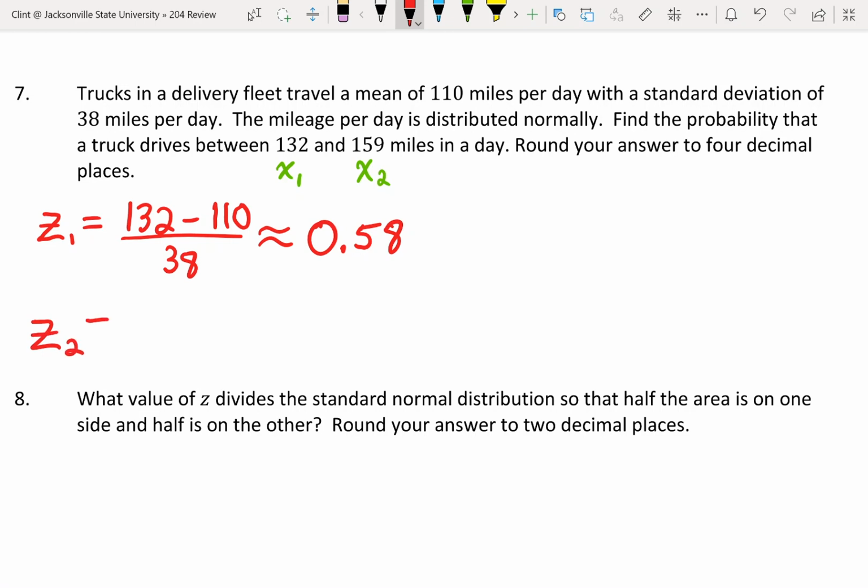For our second Z, got 159 minus the mean of 110 divided by the standard deviation of 38. When we round to 2 decimal places, I get 1.29.